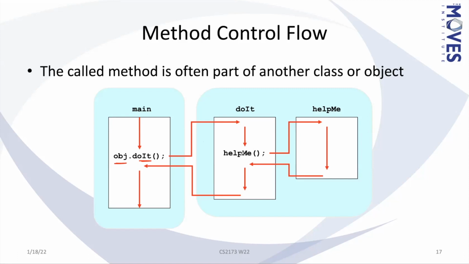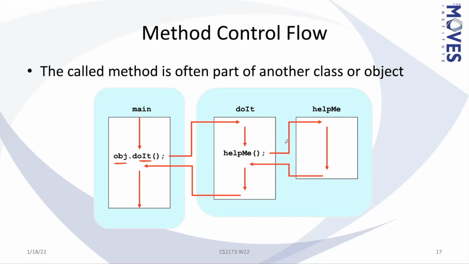In this implementation, in the course of the doIt method, it called a support method called help me. So doIt is processing line by line, and then it hits help me, and control jumps to help me. Help me executes and returns to doIt. doIt finishes executing and then returns to main, and main keeps executing from there.